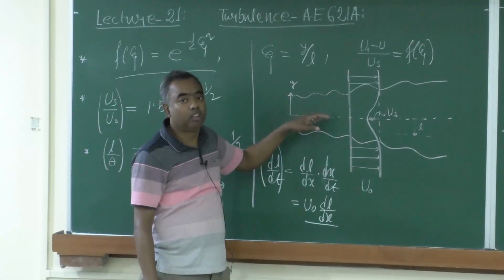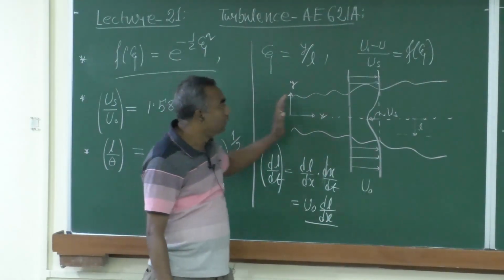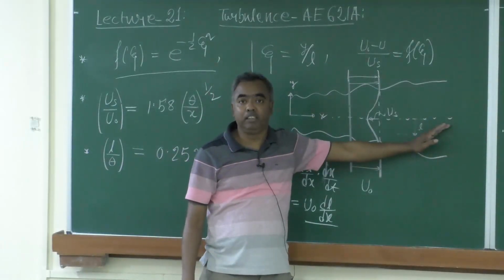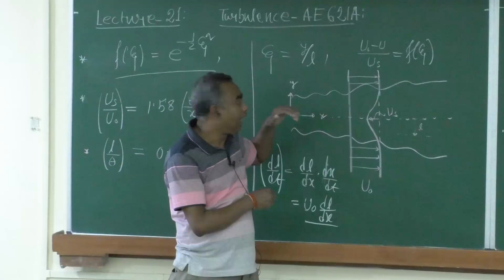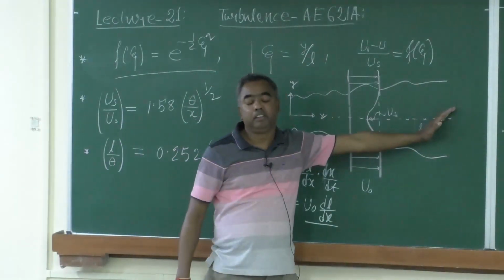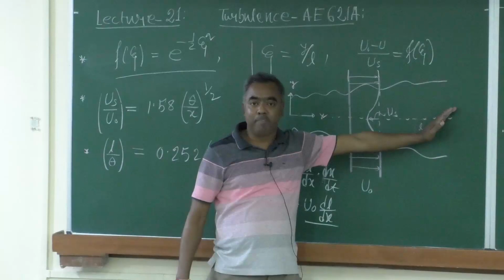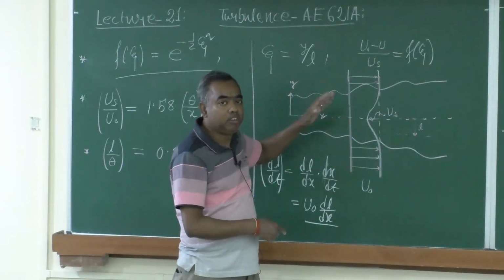It says the turbulence is not in equilibrium, or never in equilibrium, but still the self preservation is happening because the ratio of the rate at which turbulence is generated and the rate at which this development is happening is constant.